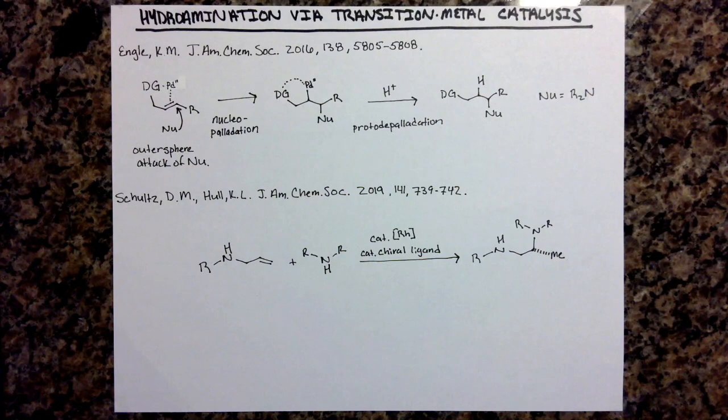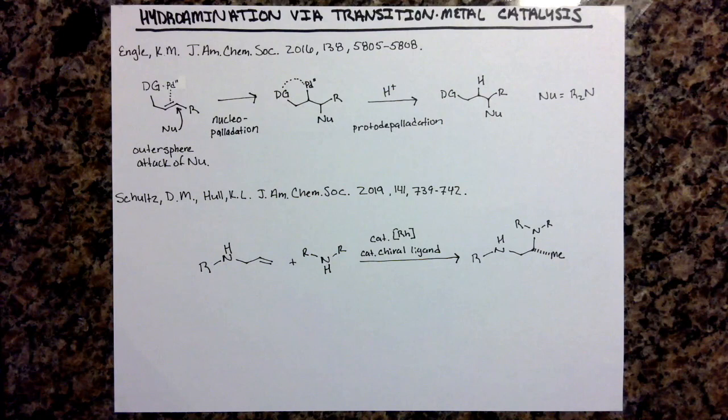This method was enantioselective, so they used a chiral bidentate phosphine ligand, and they were able to see really good selectivity for the Markovnikov addition product, as well as really good EEs for this amination reaction by using this chiral ligand.